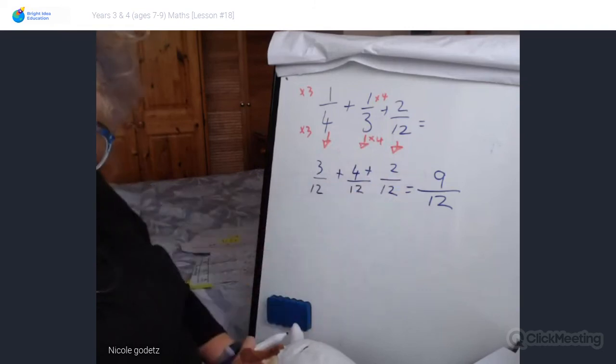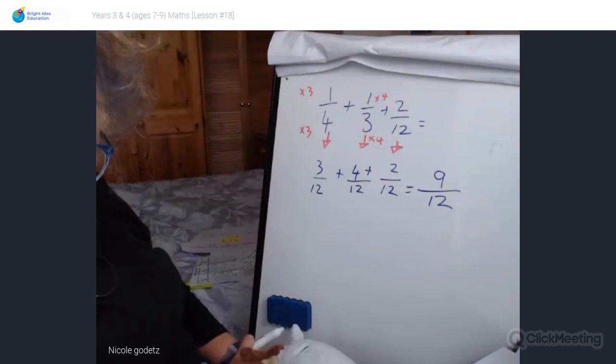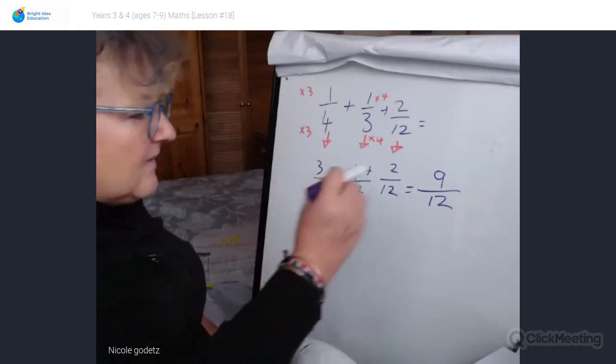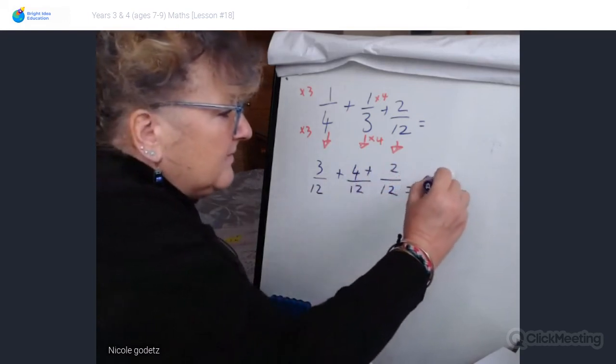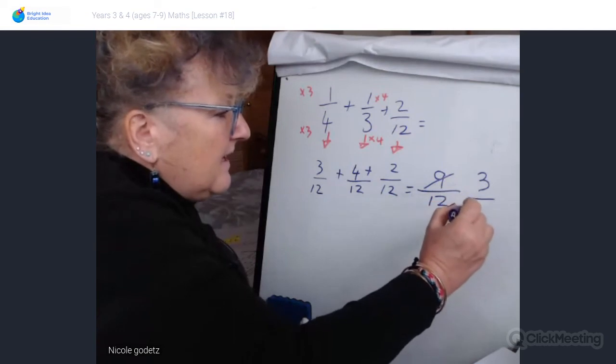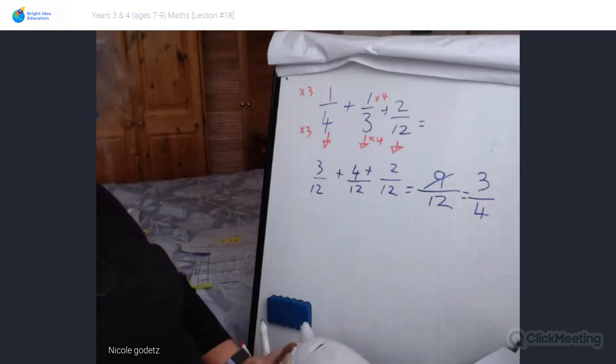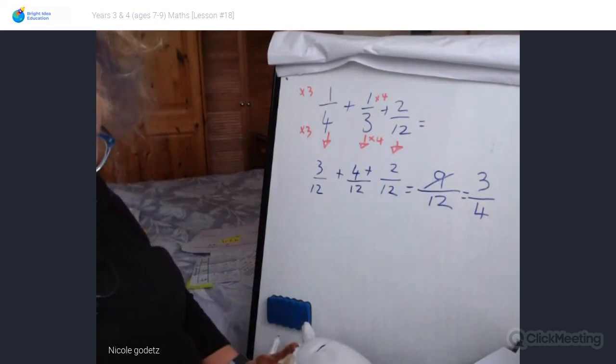Because we can simplify that fraction, what can we divide the top and the bottom by? They're both in the 3 times table. 3 3s are 9, 4 3s are 12. So 9/12 is equivalent to 3/4. So I can simplify at the end. Always look to simplify at the end.